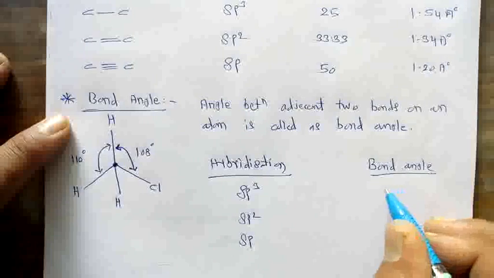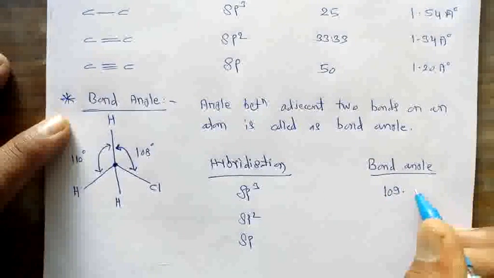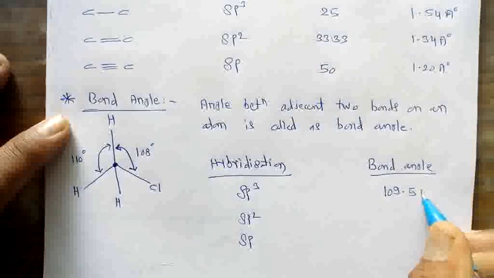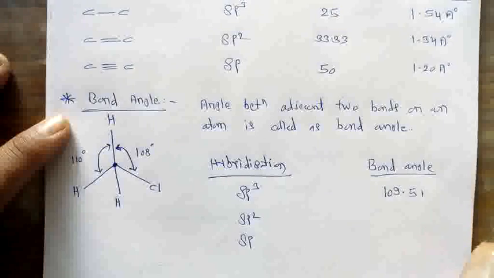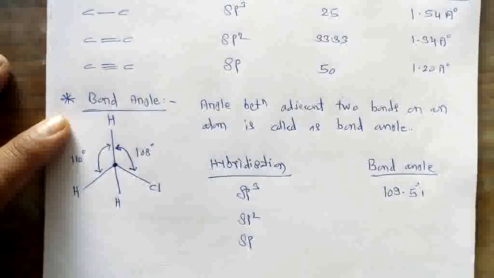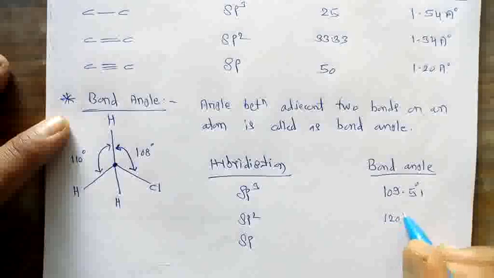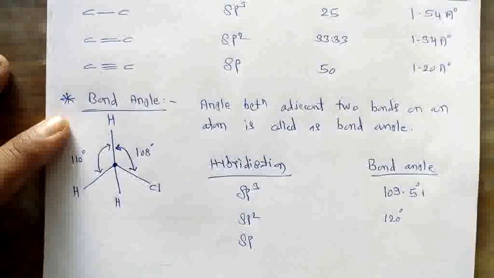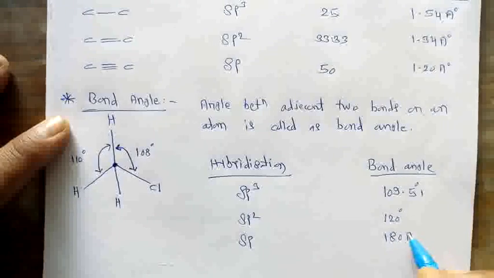For the first, tetrahedral geometry or sp3 hybridization, its bond angle value is 109.5 degrees. For the sp2 hybridization, its bond angle is equal to 120 degrees, and for sp, its bond angle is equal to 180 degrees.